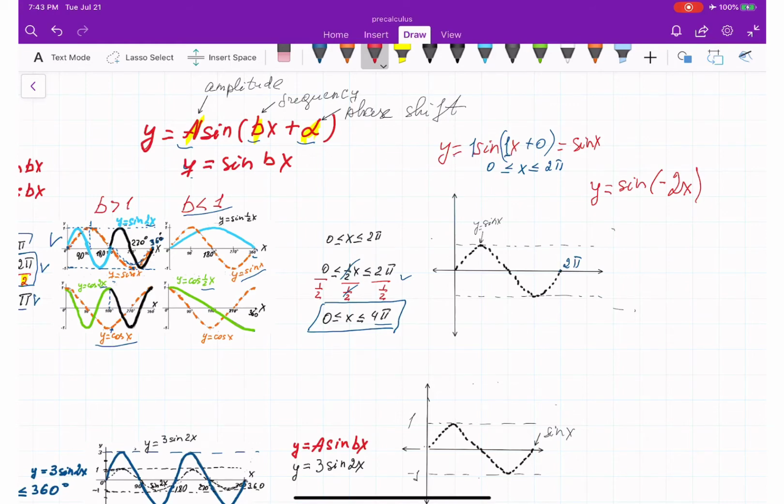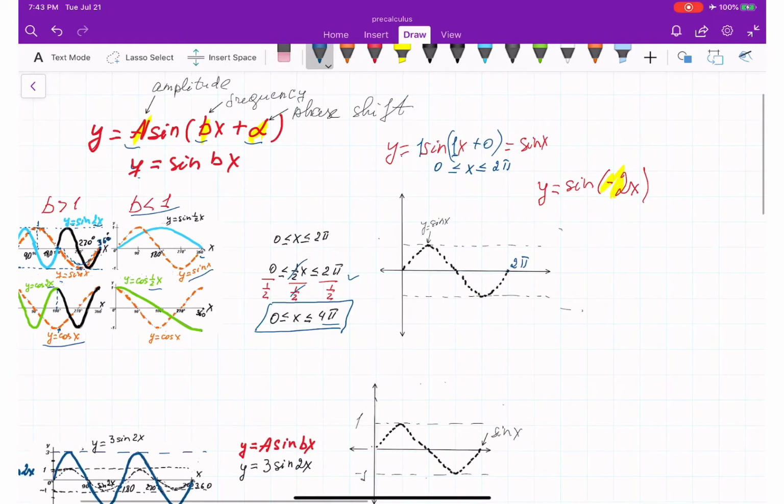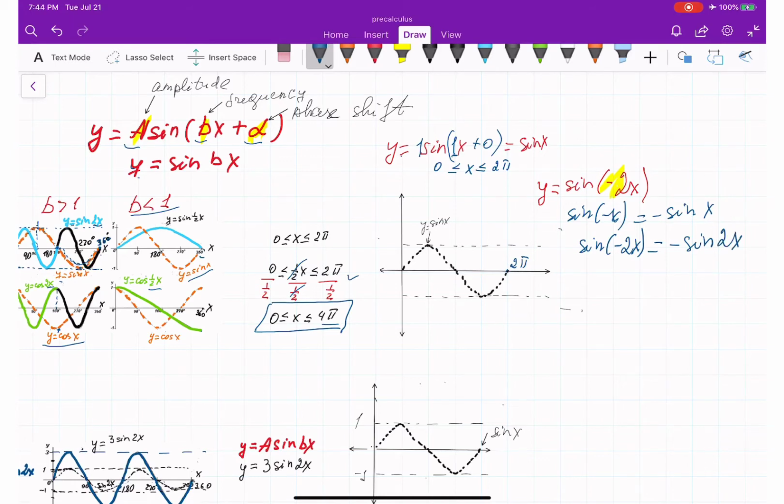Okay, so our b is negative 2, correct? So we know that sine is an odd function, which means sine negative x is equal negative sine x, and that's where we're gonna use this odd property of sine, which means sine negative 2x I will write down as a negative sine 2x.